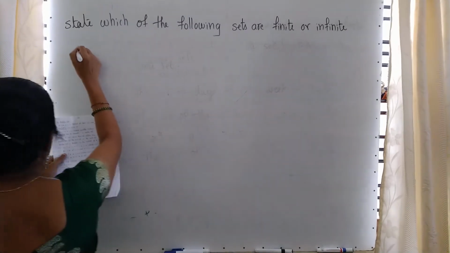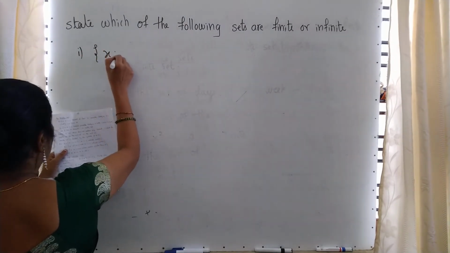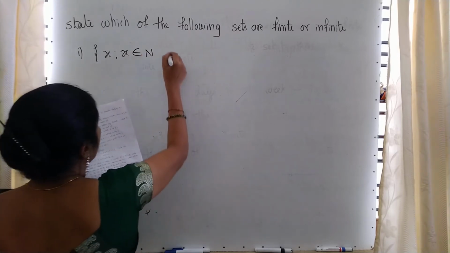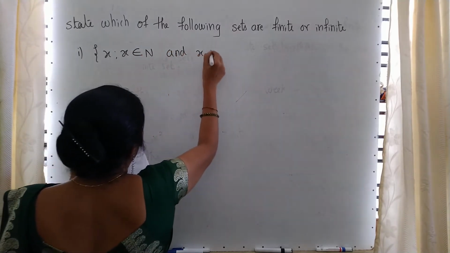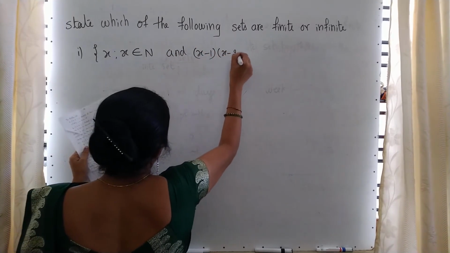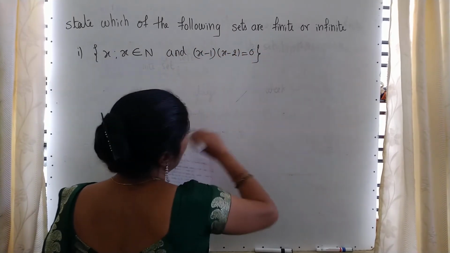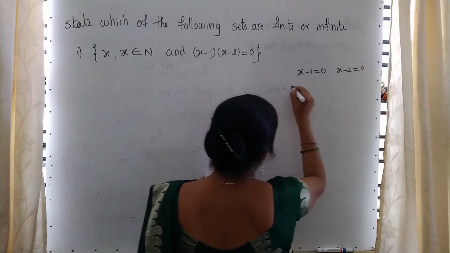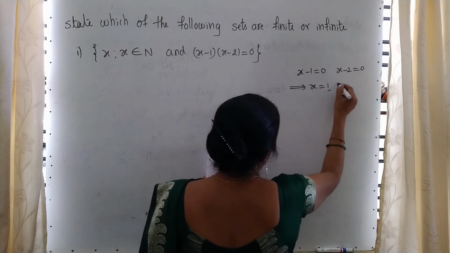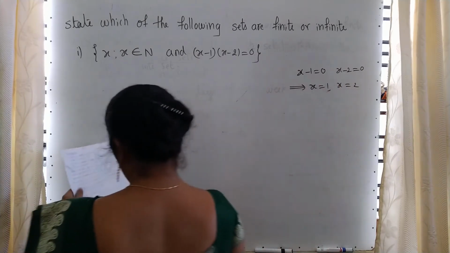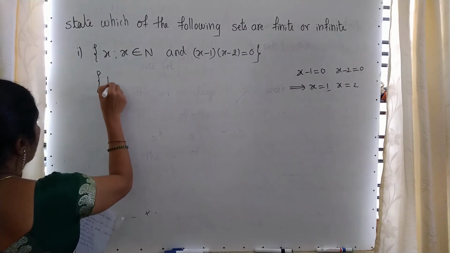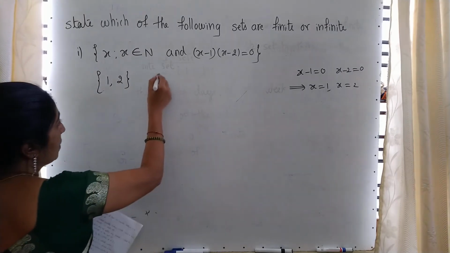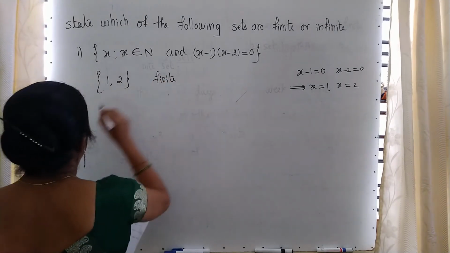First one, x such that x belongs to N, a natural number, and (x minus 1)(x minus 2) is equal to 0. That means you have to solve this. x minus 1 is equal to 0 or x minus 2 is equal to 0 implies x is equal to 1 or x is equal to 2. That means you can write the set as {1, 2}. Can you find the elements in the set? Yes. So this is a finite set.